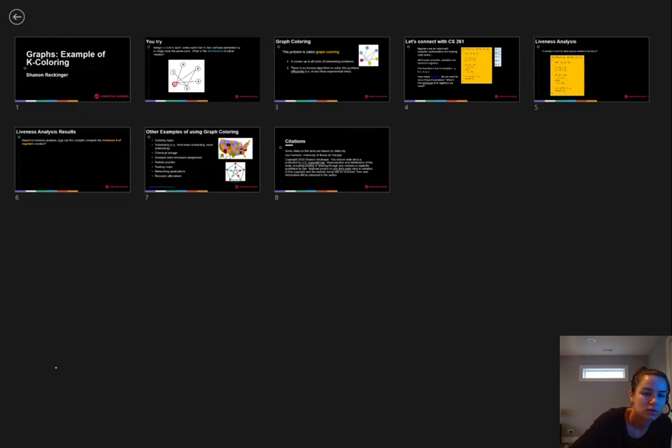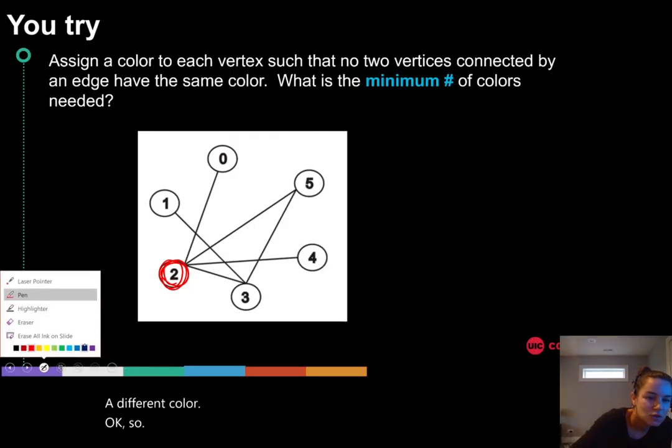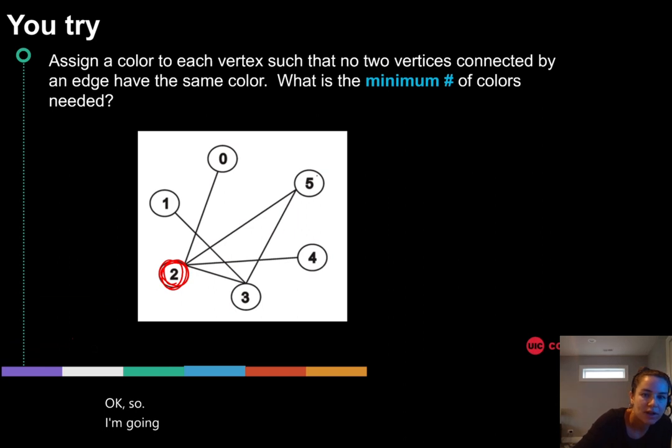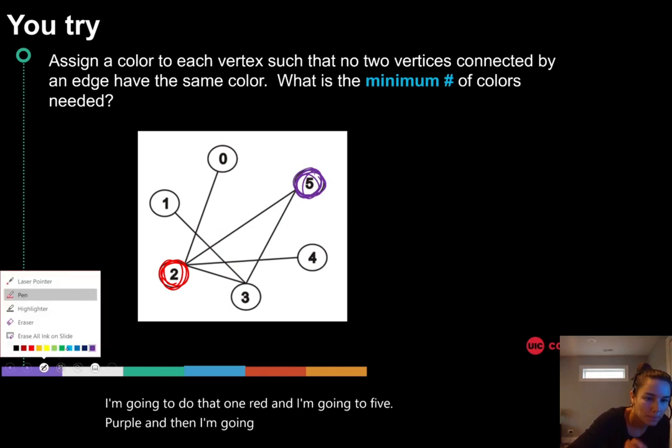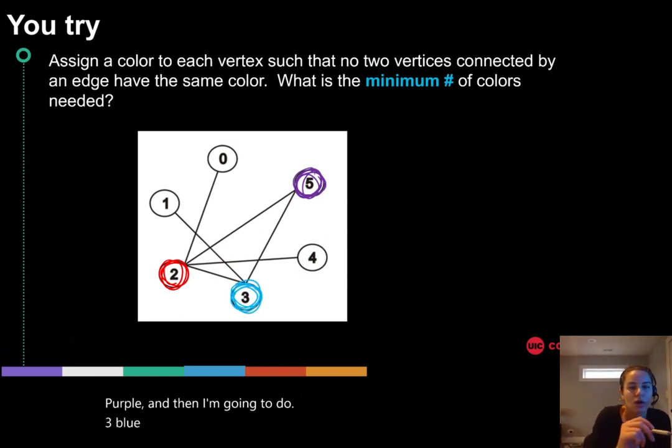Okay, so I'm going to do that one red, and I'm going to do 5 purple, and then I'm going to do 3 blue. Okay, so then I'm going to go from those nodes out.